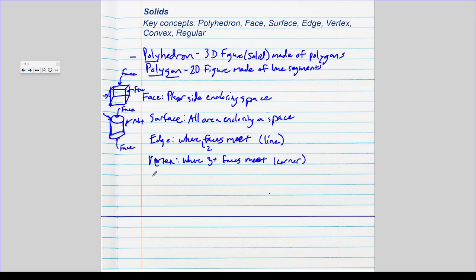Convex has the same kind of meaning it did for polygons. Convex means that all the vertices are pointing outward. A way to define that is that any segment connecting 2 points on the surface lies within the solid.